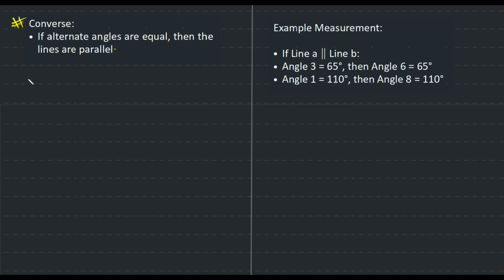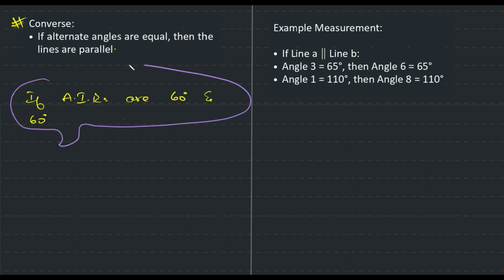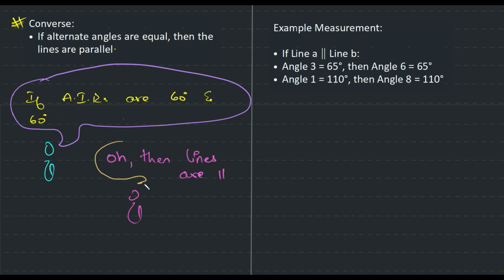If someone tells me that the alternate interior angles are 60 degrees and 60 degrees, then we can conclude that the lines are parallel. Okay, so that is your converse.